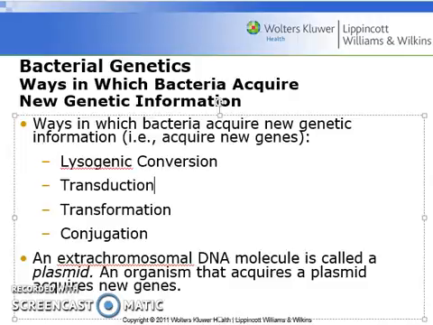In the process of conjugation, you essentially have two bacterial cells that will pass DNA between each other through the connection of a structure known as a sex pilus. One donor bacterial cell will transfer new genes into a recipient bacterial cell, and then that recipient bacterial cell will be able to express those genes once it replicates them.